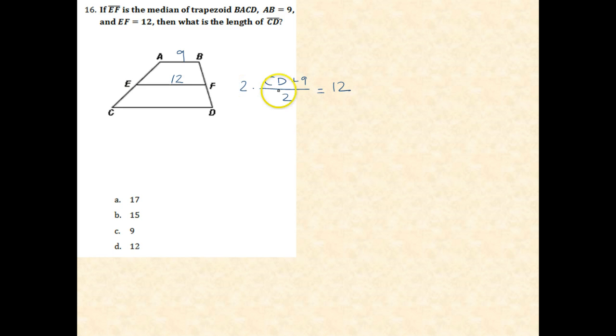So I'll divide both sides by 2 to cancel here. And I get CD plus 9. The length of CD plus 9 equals 24. So I just subtract 9 from each side. And then I get the length of CD is 15. So that's B.